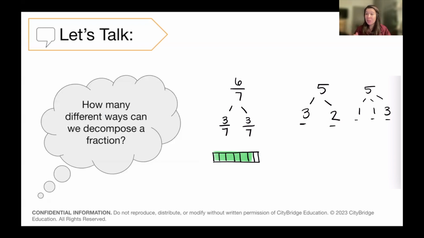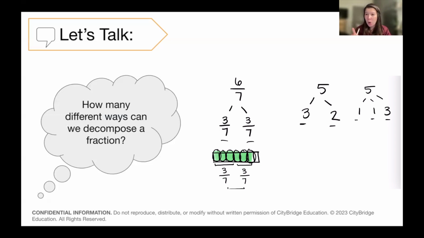So if I want to take these 6 pieces and break them up in a different way, just like I did up here, I could do 3/7 and 3 more 7ths, and that makes 6/7 in all. Or I could also do 1/7 and 1/7 and 1/7 and 1/7 and 1/7 and 1/7 to make 6/7. So there are lots of different ways that we can break apart or decompose fractions.